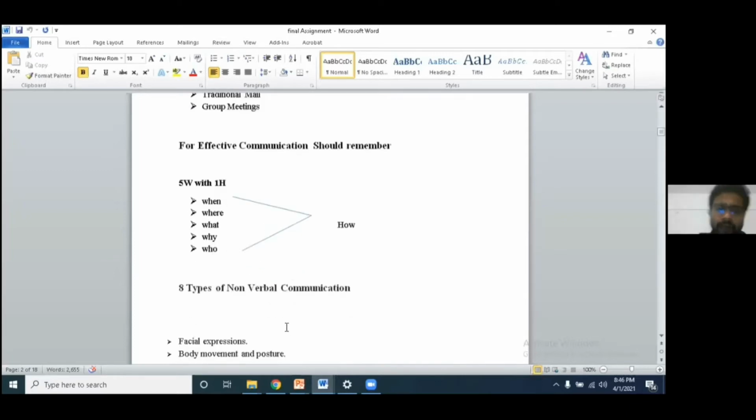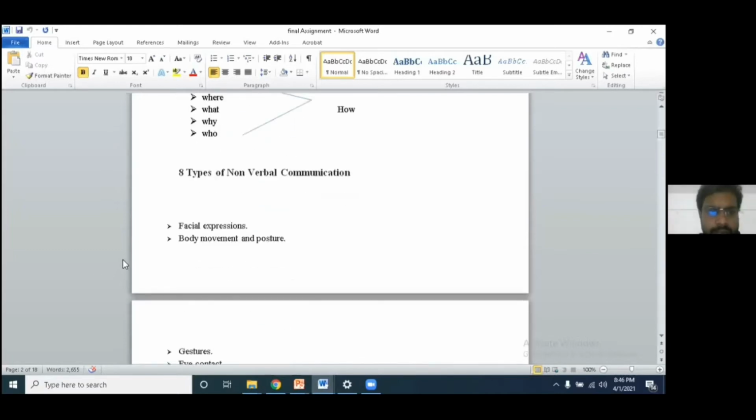So here we saw 8 types of nonverbal communication. What are they? The facial expression, first of all. In nonverbal communication, the facial expression is very, very important. Sometimes the facial expression talks.